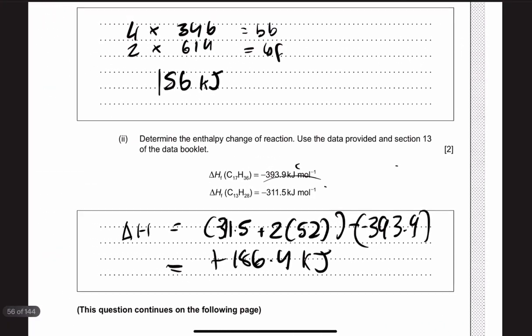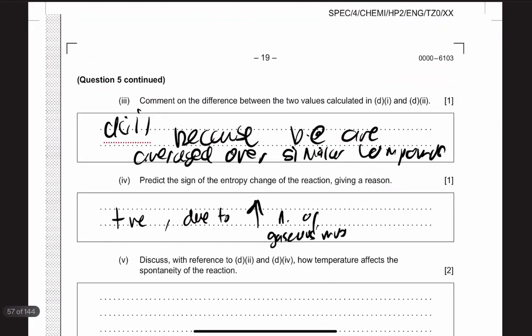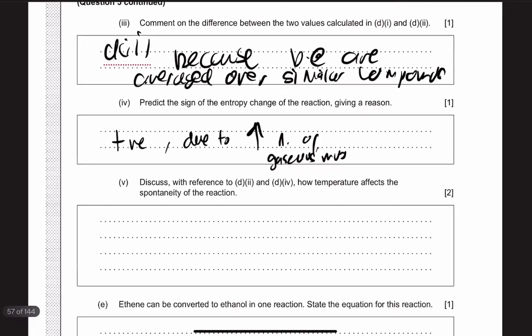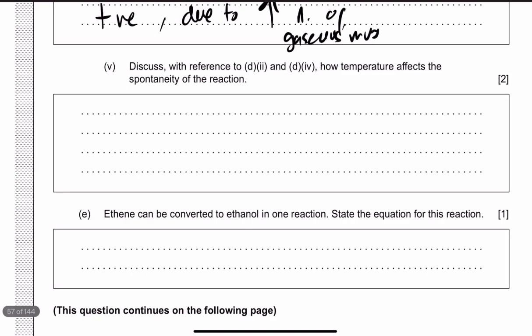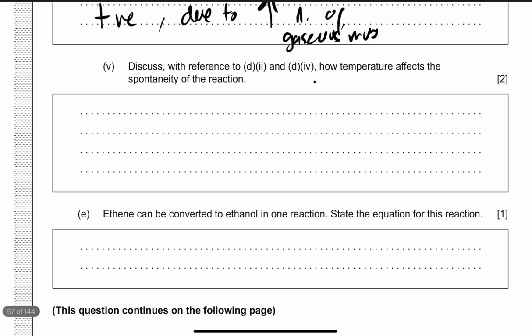It has a positive delta H. IV shows that it's going to be a positive entropy change, right? And we have delta H minus T delta S equals delta G. Delta H is positive and T delta S is positive. What does that mean? That means that if we have a higher temperature, right?